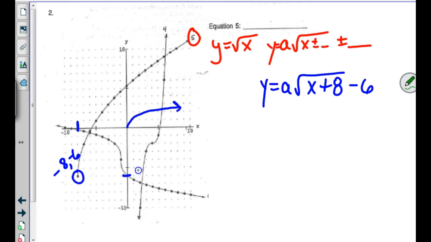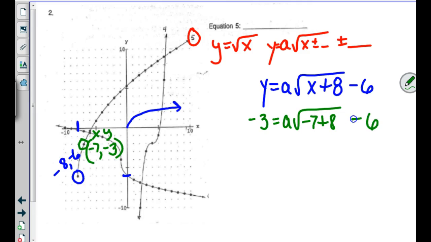Okay, to determine the stretch, can we tell what that point 1 unit away is or not? Or the first point off of the vertex? Okay, so this is x, this is y. So I have negative 3 equals a times the square root of negative 7 plus 8.